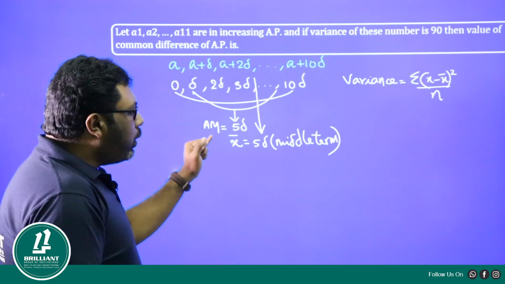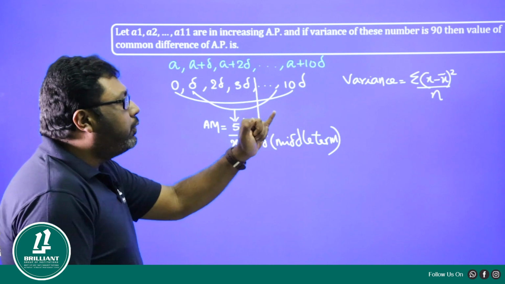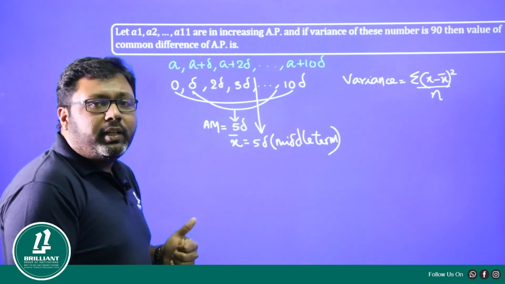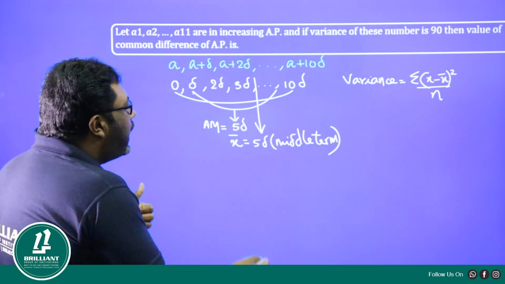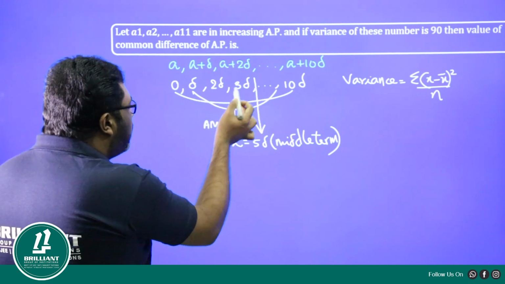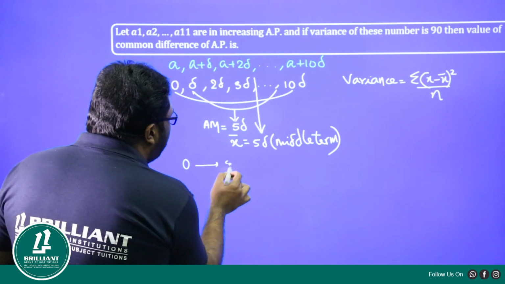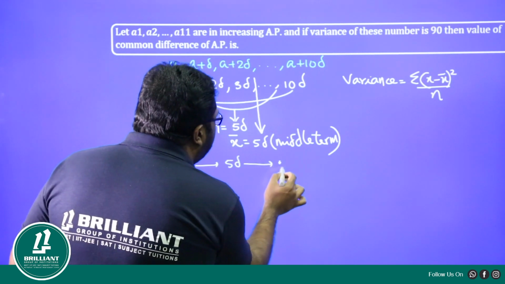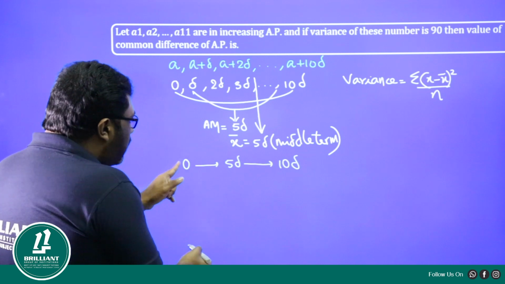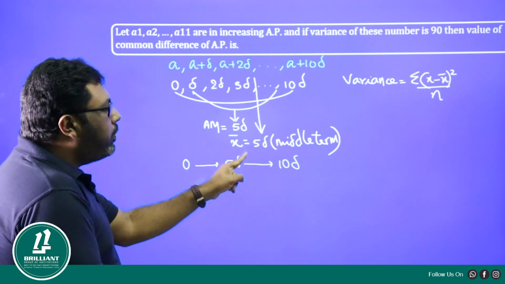What happens if I try to find the variance using my arithmetic mean 5D? What happens to all the terms from 0 to 5D, and then 5D to 10D? The arithmetic mean of all these terms is 5D.